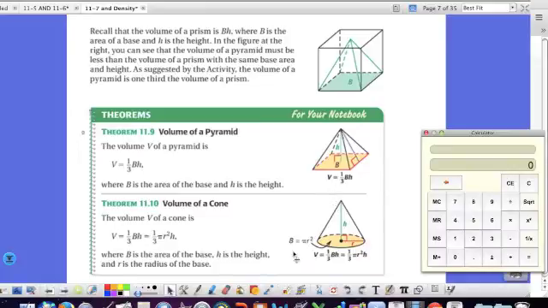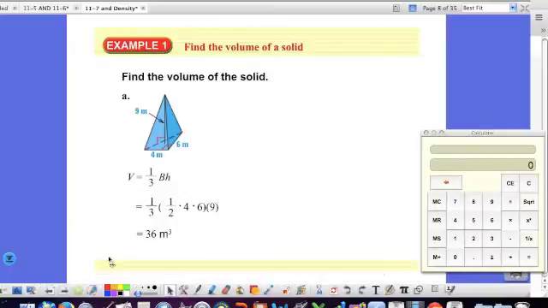Same thing for a cone. Find the area of the circular base, multiply by the height, divide by 3. I always tell students, even in my pre-algebra classes where we do this a lot, don't try to multiply by 0.3333. You'll get rounding errors. Better to divide by 3 at the end.